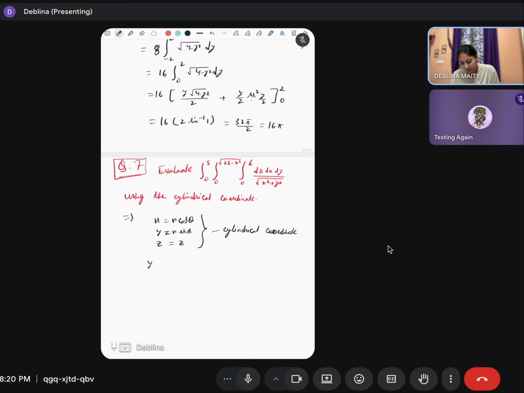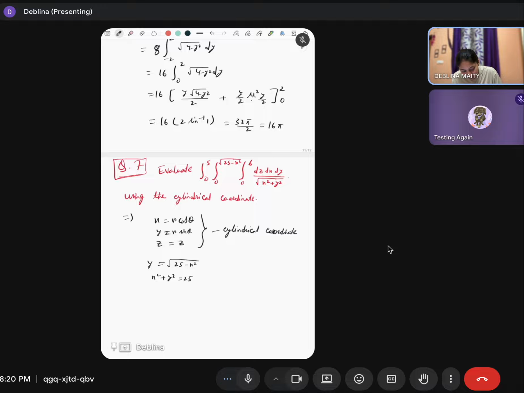So y equals to root over this means x square plus y square equals to 25, right? So this cylinder, and z is from 0 to 6, but z does not depend upon x or y, right? Z is independent, so it is a cylinder. But it is in the first octant because x is positive, y is positive, right? So this is the portion of the cylinder in the first octant.